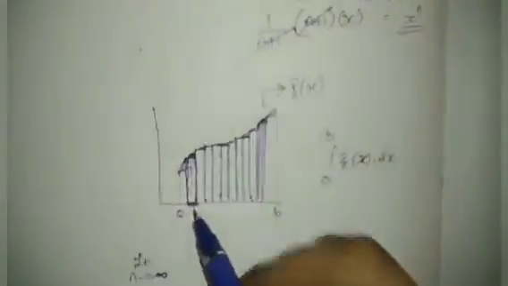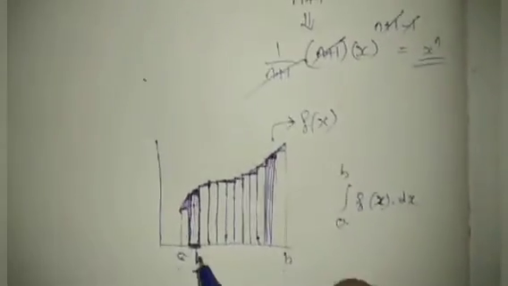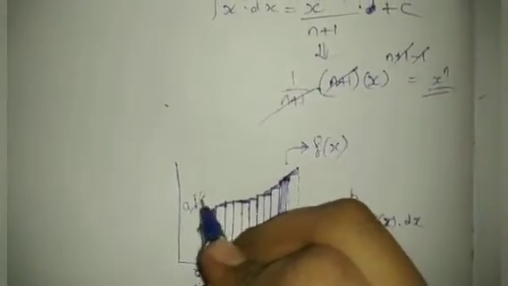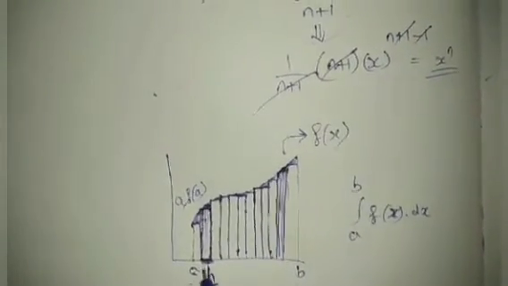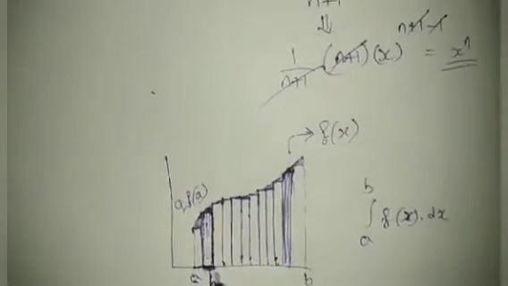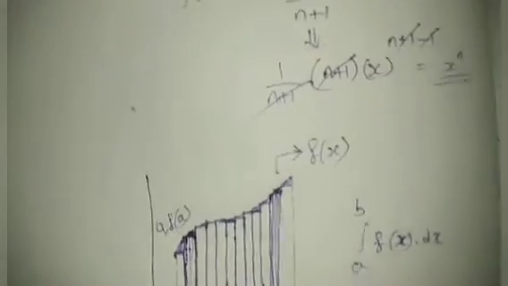I'll come to this again. So what will happen here, now this first point here is a comma f of a, correct. I am considering this first rectangle's distance as h. I for example told this is h, now consider this as h.